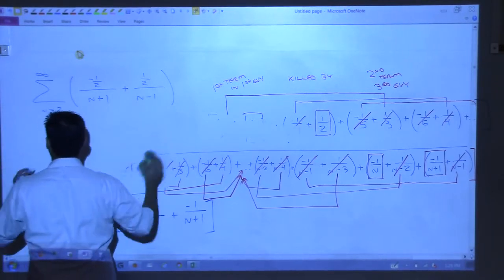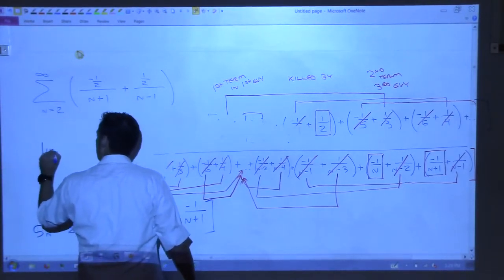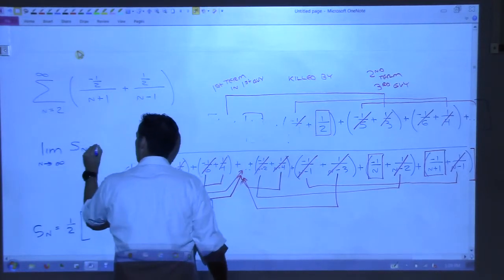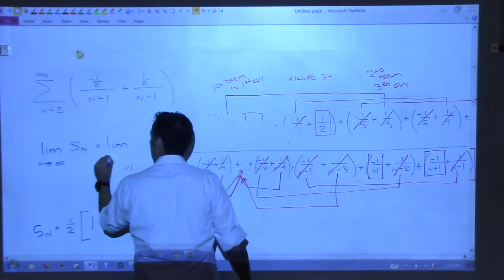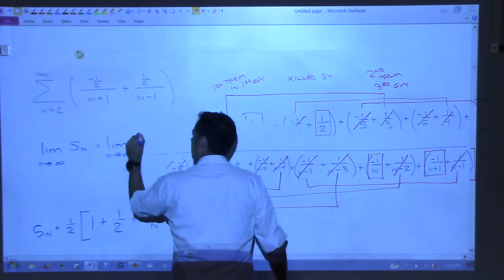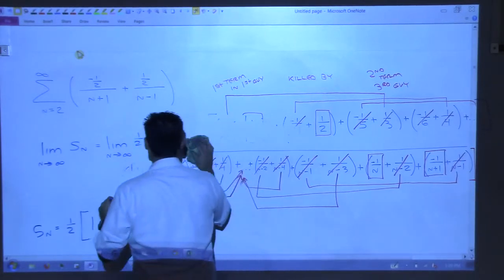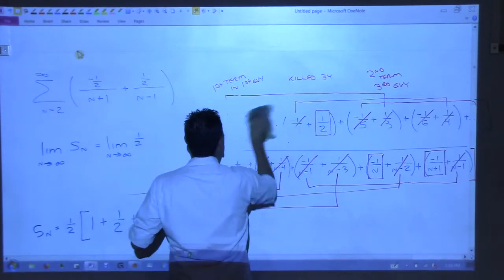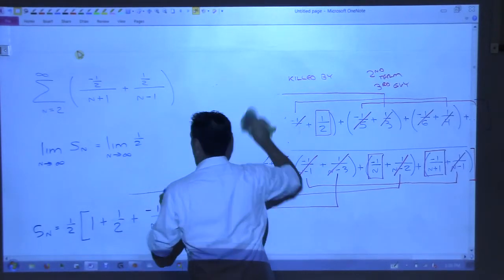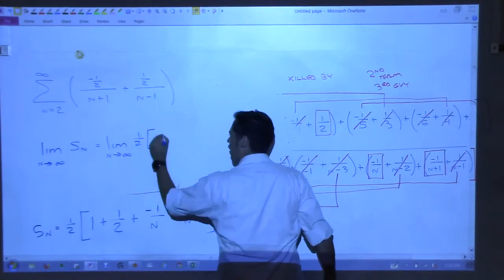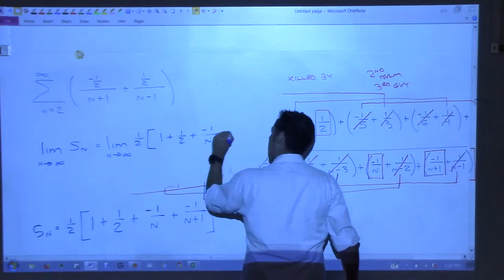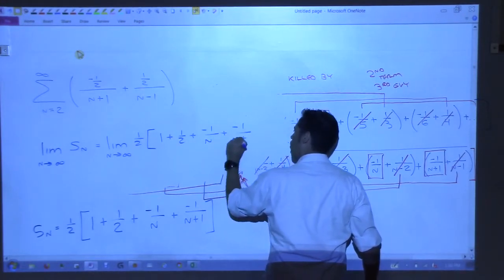What is the limit as n goes to infinity of S sub n? Well, that will be equal to the limit as n goes to infinity of 1/2 times (1 plus 1/2 plus -1 over n plus -1 over n plus 1).